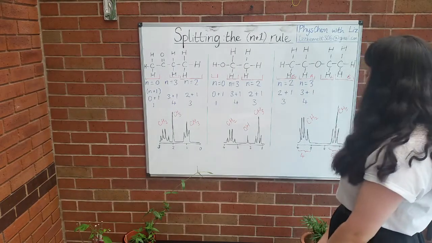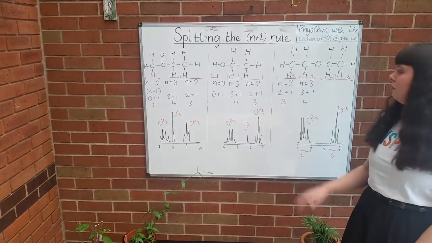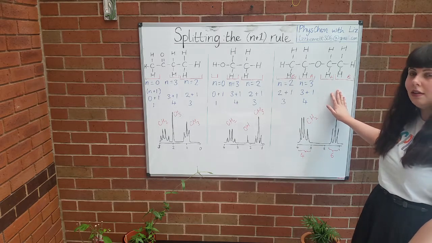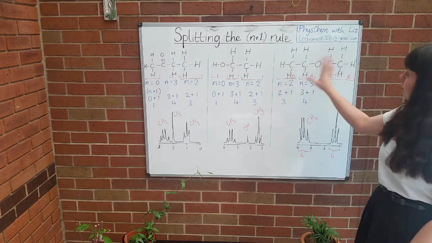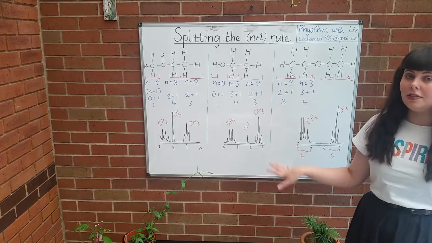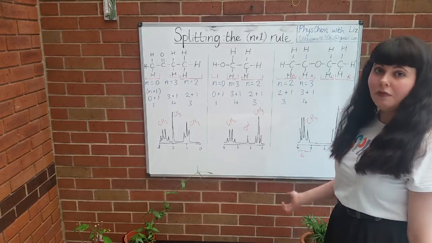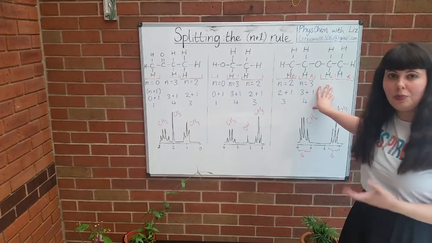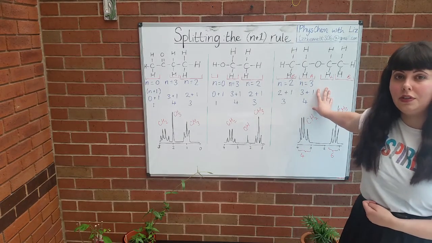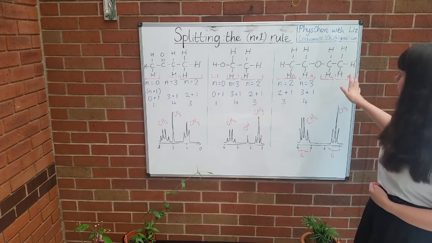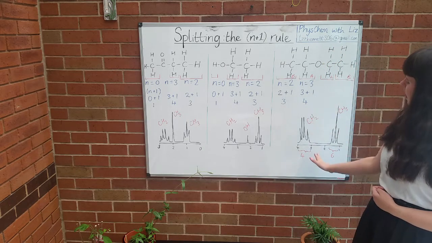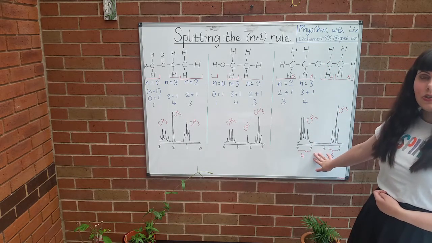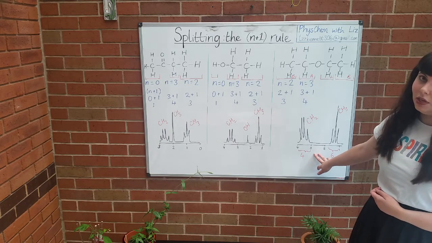Now, in our final example, we have a molecule called diethyl ether. This is a symmetrical molecule, which means it has fewer chemical environments than it might otherwise. And I used this example in my previous video on chemical equivalency to illustrate that. So here, on this proton NMR spectrum, we're given some extra information.